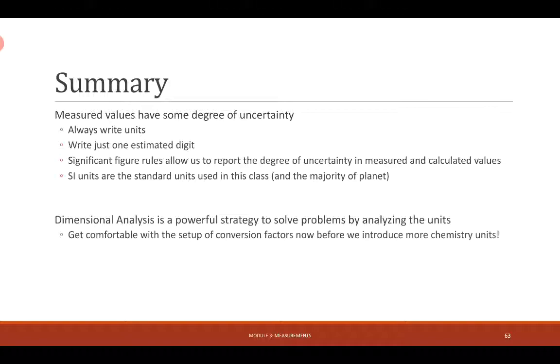We use SI units, and most of the planet uses SI units. We should all use SI units because they're better. And dimensional analysis is a very powerful strategy to help us solve problems because units are so important. Units are units, and units are everything. If you look at the units and focus on the units, you can learn to survive chemistry and physics. The end.